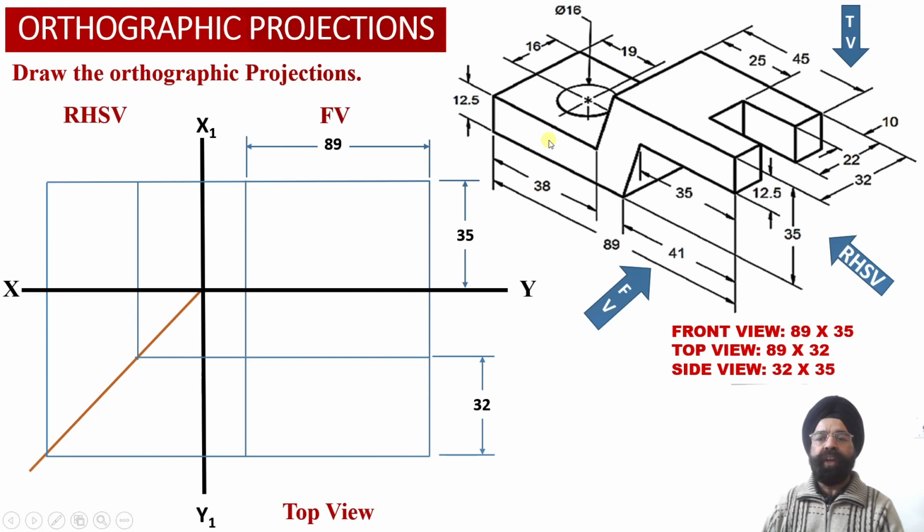Now we are going to divide this solid into multiple elements, and those elements' projections we are going to obtain into the front view, top view, and the right hand side view projections over here. So now we can easily divide this solid into three elements.